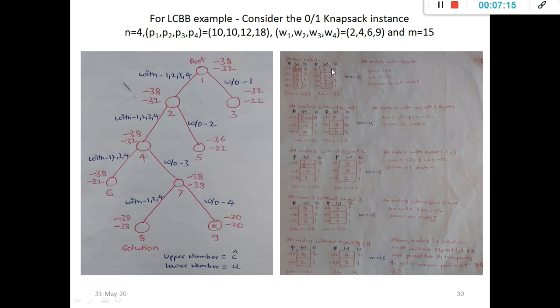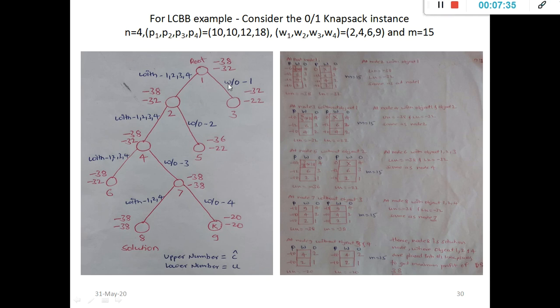That's why it is not possible to completely include object 4 into the knapsack. That's why you have to simply discard this object 4. And now you will get the new lower number, by considering only objects 1, 2, 3, as minus 12 plus minus 10 plus minus 10 equal to minus 32.